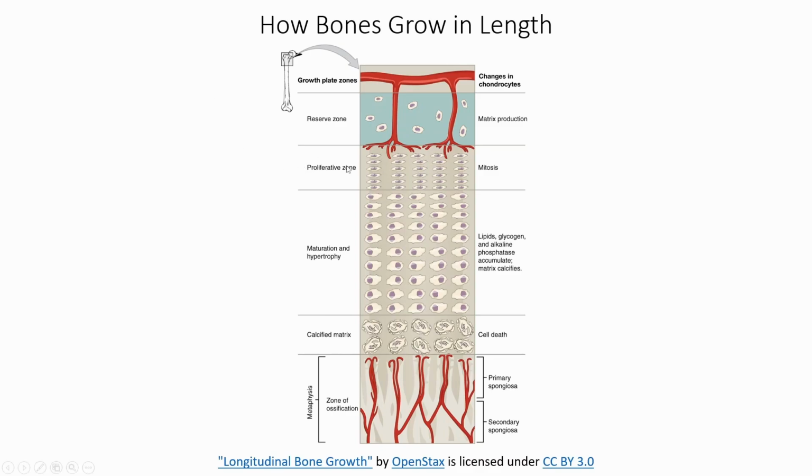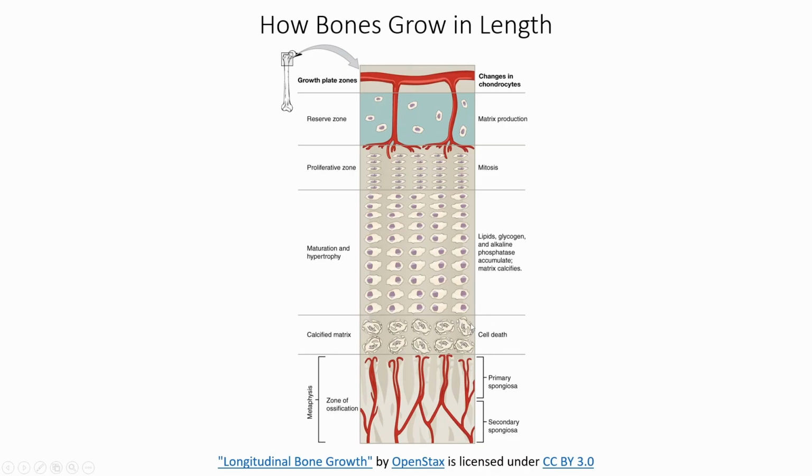And then we get down to the proliferative zone. This is where we're just going to go through mitosis over and over and over again, just make more cells, more cells, more cells. We're going to go through a maturation hypertrophy process where we're now going to accumulate things like lipids and glycogen. The matrix is going to go from that semi-solid to a solid with calcium. Our matrix is now calcified.